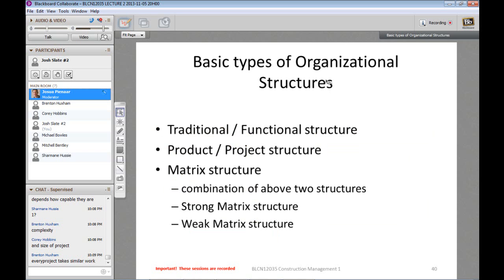So now, when we start jumping into the organizational structures, there's a few of them that we're going to look at tonight. And the 3 basic, important ones are the traditional, classical, or functional. So that's the first one, traditional, functional, or classical. Second one is going to be our project or product-oriented structure, and then of course the matrix.